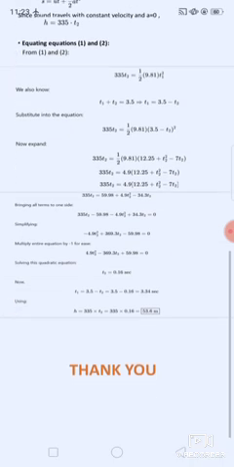Now expand: 335 t2 is equal to 1 by 2 into 9.81 into (12.25 plus t2 square minus 7 t2). So 335 t2 is equal to 4.9 into (12.25 plus t2 square minus 7 t2).